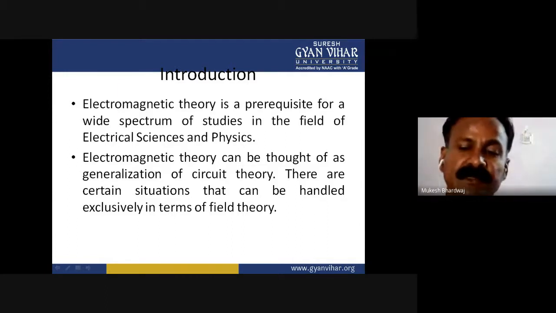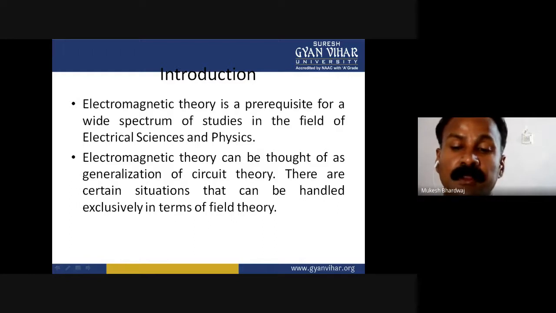Similarly, antenna theory is also related to electromagnetic field theory. Electromagnetic waves are signals that propagate through free space with the speed of light. The directions of the electric field, the magnetic field, and the propagation are mutually perpendicular and transverse in nature. In electromagnetic waves, power density is inversely proportional to the square of the distance from the source.